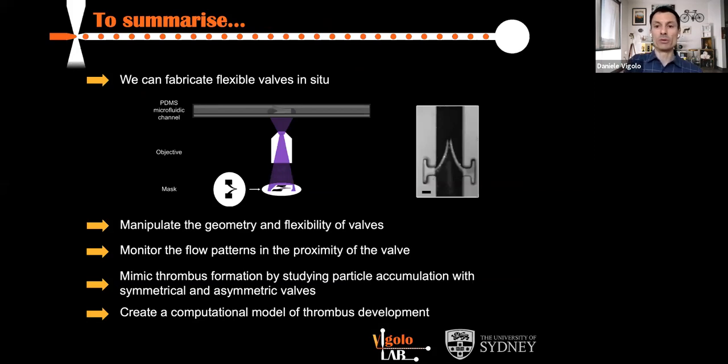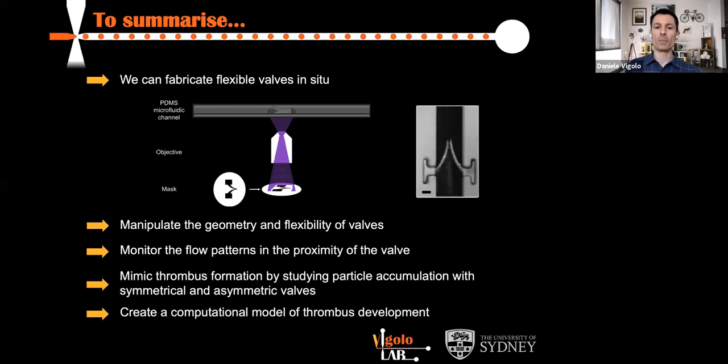In particular, because we discussed DVT, we can mimic thrombus formation, and I think the hydrodynamic aspect of the whole thrombus formation is really crucial, and it's important to understand even more in detail how we can use this information to eventually make a better prediction in terms of risk factors.